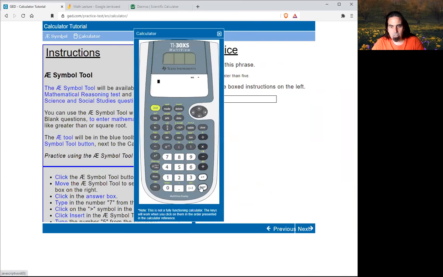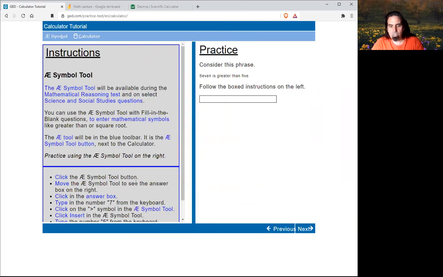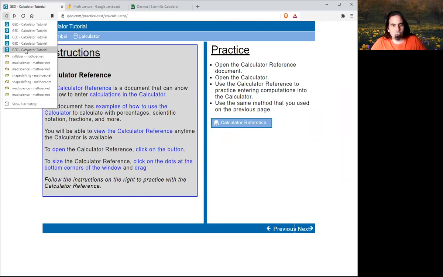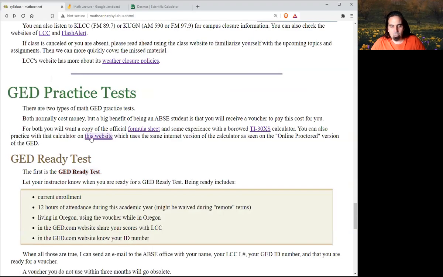Now is it letting me? Eventually it lets you actually click the right things and practice using the calculator. Sorry, that's not easy to demonstrate. I went through it following the directions, so I never actually noticed that if you don't follow the directions, it doesn't work. But that's right there, that link on your syllabus.